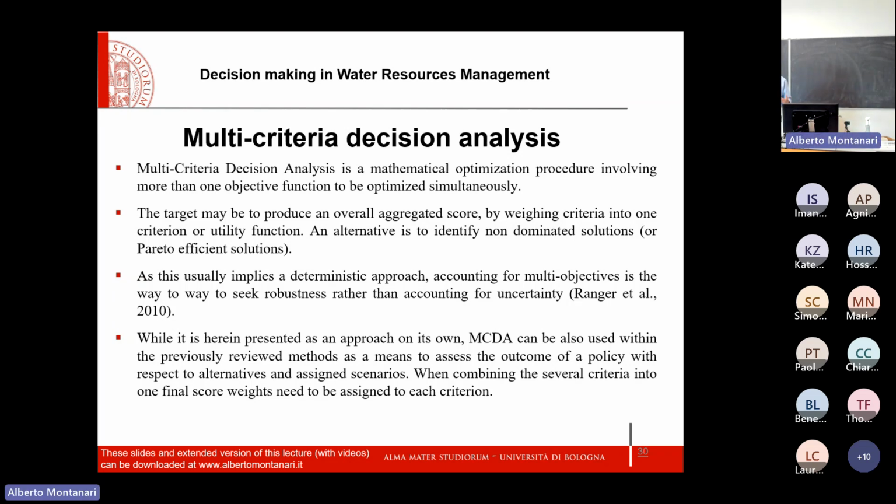So in some cases, we have to use several criteria to drive our decision, no matter if the decision is taken with a top-down approach or with a bottom-up approach, no matter if it's taken with robust decision-making or decision scaling or InfoGap.